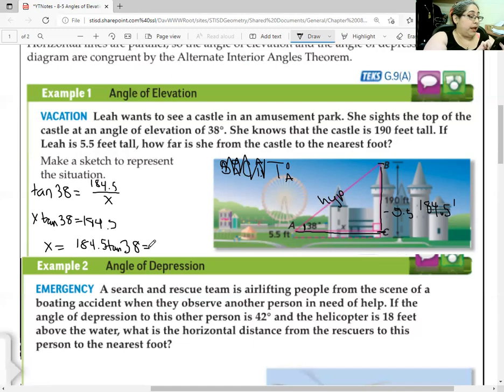I confirm that I am in degrees mode, and when I hit enter, I get a value of 144.15 feet. It wants it to the nearest foot, and so Leah is standing approximately 144 feet from the tallest point of this castle in the amusement park that she's visiting while on vacation.